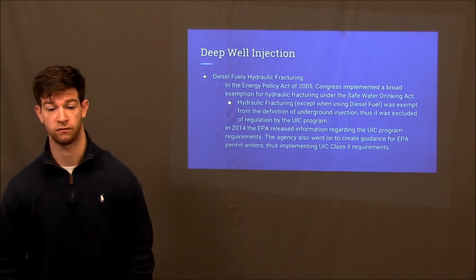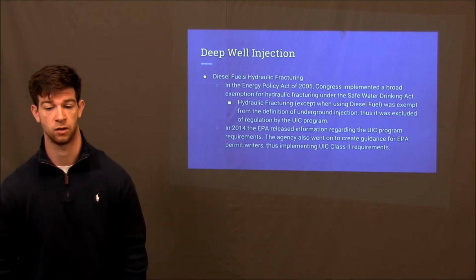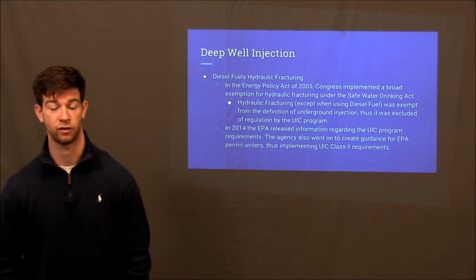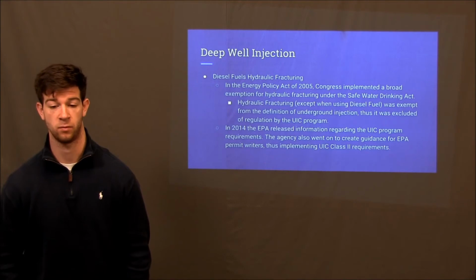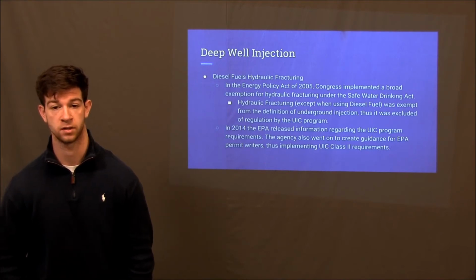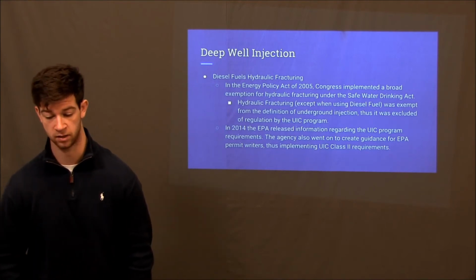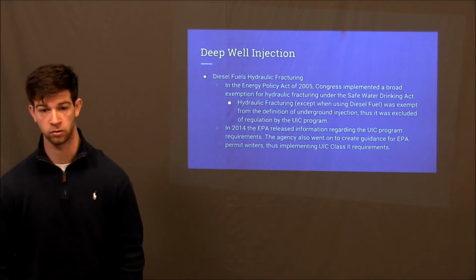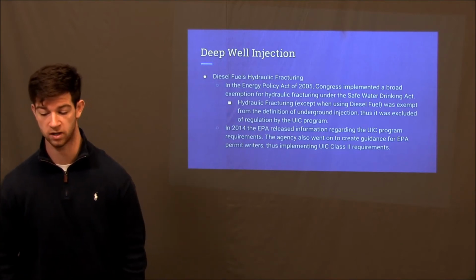Next, in 2014, the EPA released information regarding the UIC program requirements. The agency also went on to create guidance for EPA permit writers, thus implementing UIC Class 2 requirements. These requirements and guidance from the EPA, first, explain that owners or operators must obtain a UIC Class 2 permit before injecting diesel fuels for hydraulic fracturing.